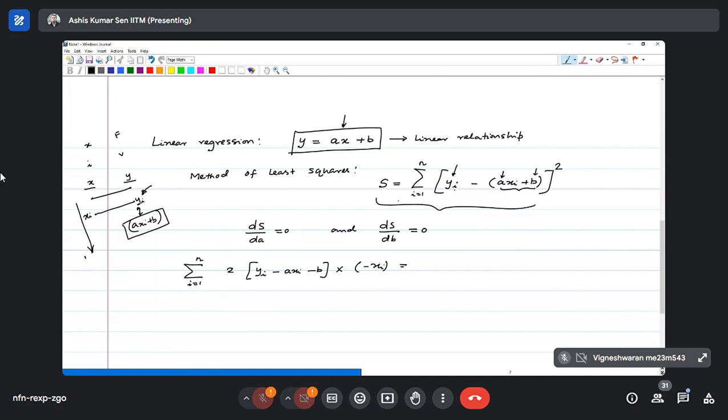So this should be equal to 0. So you are getting this from ds over da equal to 0.